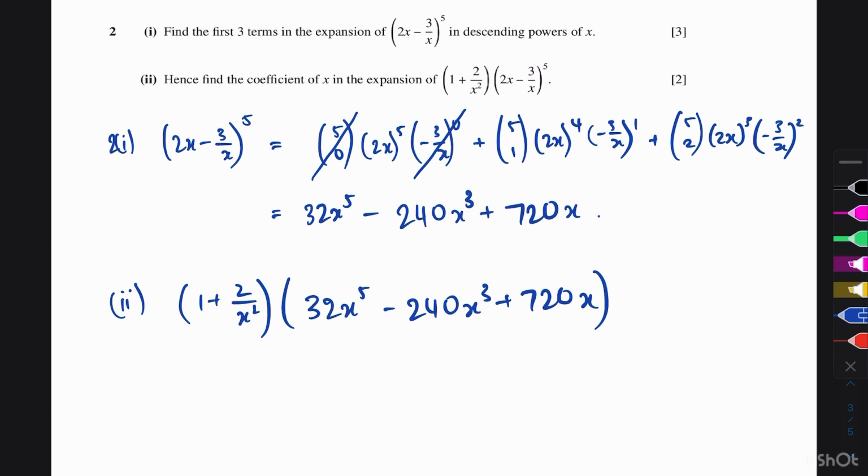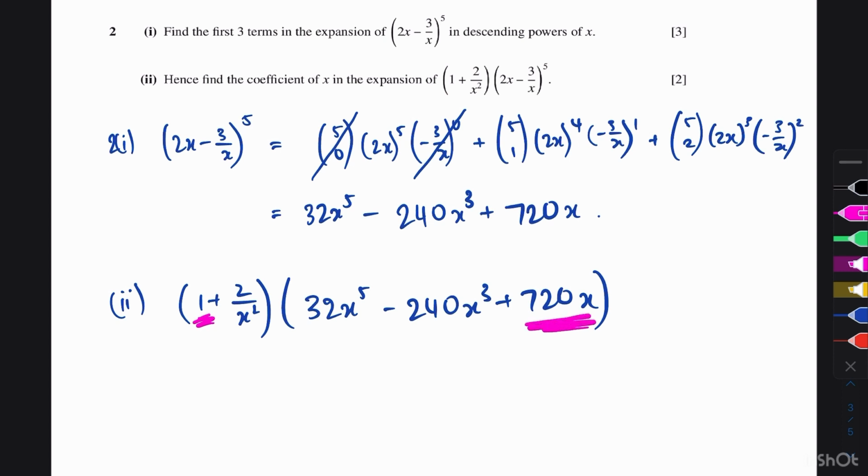So now I'm going to look for what from this bracket multiplies with this bracket to give us something that ends in just x. So for example, 1 times 32x to the power of 5 would give us something x to the power of 5, and we don't want that. So we're going to times the 1 with the 720x.